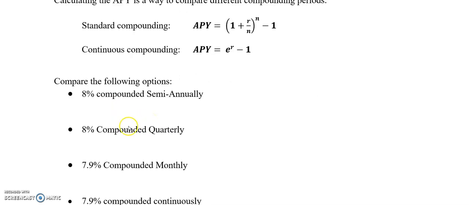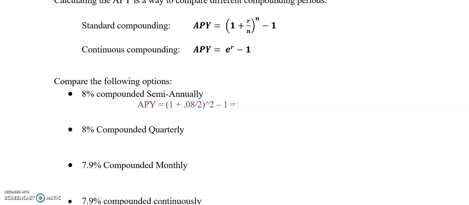So let's compare the following options. We have 8% compounded semi-annually. Because it's compounded semi-annually, we're going to use our standard compounding APY formula. So APY is equal to 1, and remember, 1 is always just 1, plus R, in this case 8%, or 0.08, divided by N. Well, semi-annually has an N value of 2, raised to the second power, and then minus 1.